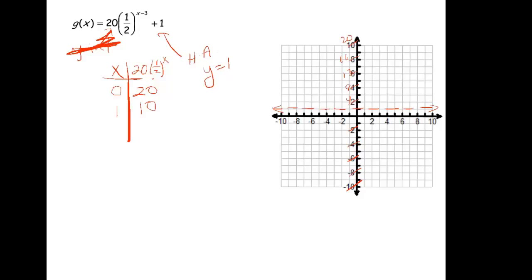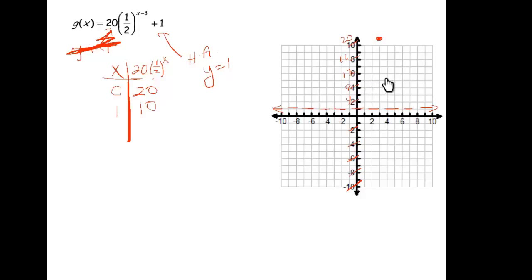So let's take the point 0, 20. We're moving it right 3 up 1. Right there. And let's take the next point, 1, 10, which is right here. And again, we'll do it right 3 up 1.